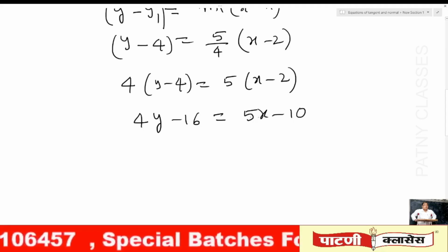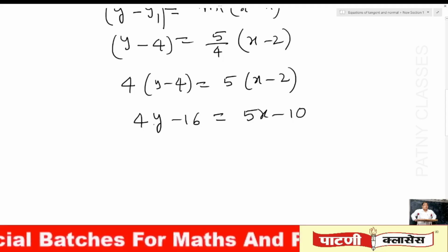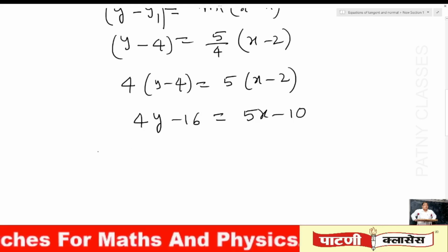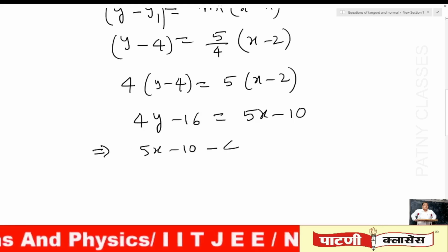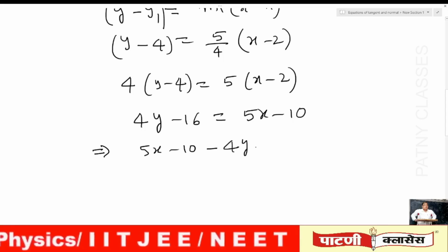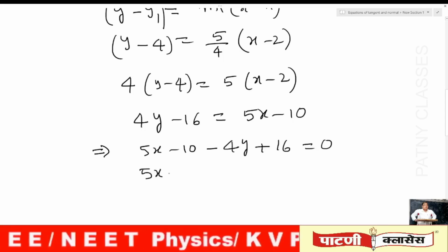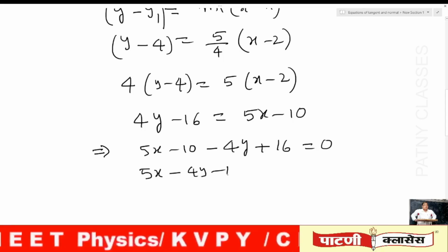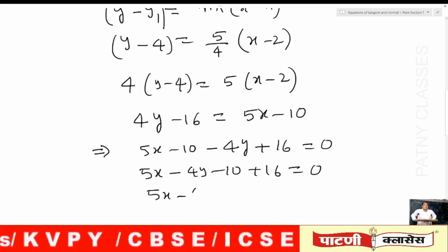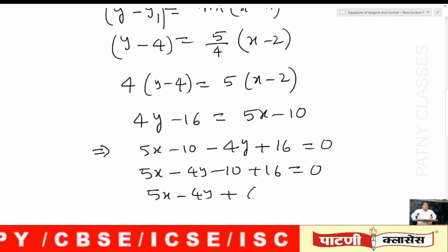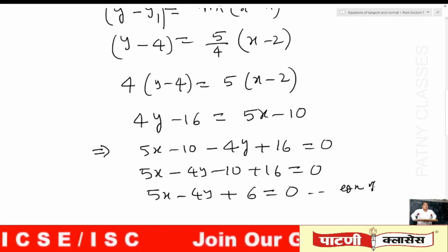Therefore I am interested in keeping 5x positive, so taking 4y and 16 to that side, the equation becomes 5x minus 10 minus 4y plus 16 equals 0. In proper order, 5x minus 4y plus 6 equals 0. So this is the required equation of tangent.